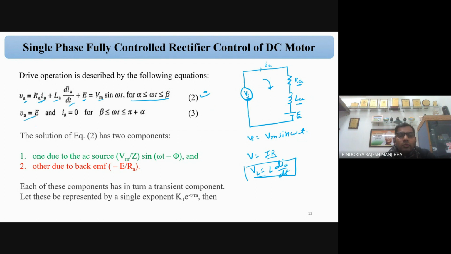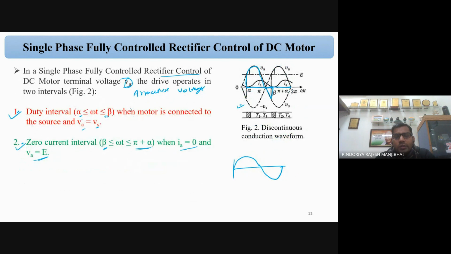Now Va is equal to E and Ia is equal to 0. Why Ia is equal to 0? Because of the discontinuous mode, and that time duration is beta to pi plus alpha, the second duration. So we can say it is the zero current interval. The first interval is the duty interval, and the second interval is the zero current interval, correct?